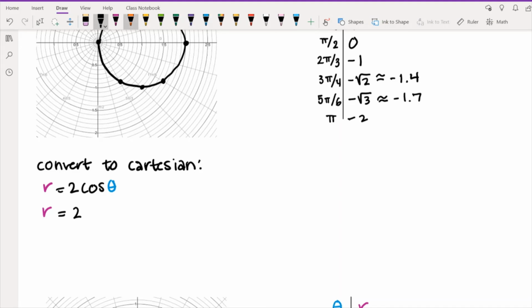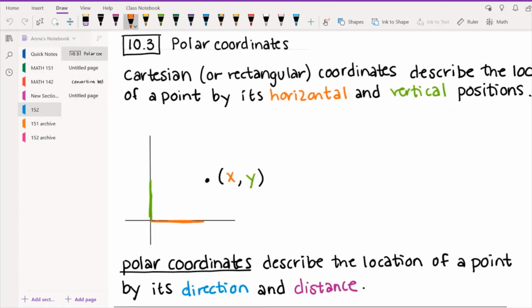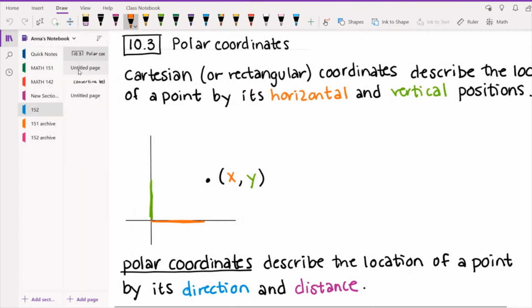So x, I'll use orange. And then here I have r. Okay, so let's multiply both sides of this equation by r. And so that will give us r squared is equal to 2 times x. So another conversion we had is that we know that r squared, sorry, wrong page here.